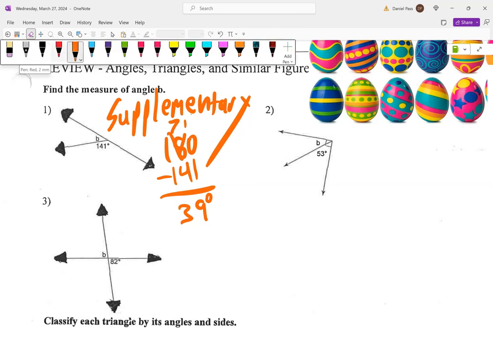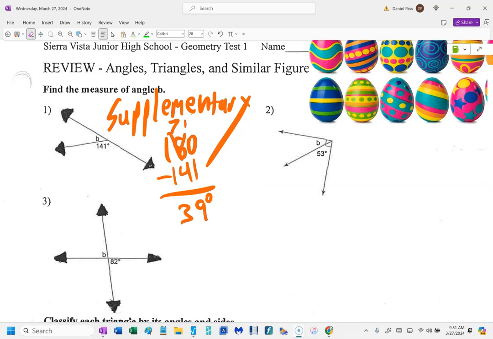How about number two? How do we do it, Honey Bunches of Oats? You subtract 90 by 53. Yes. What kind of angles are those? Obtuse.